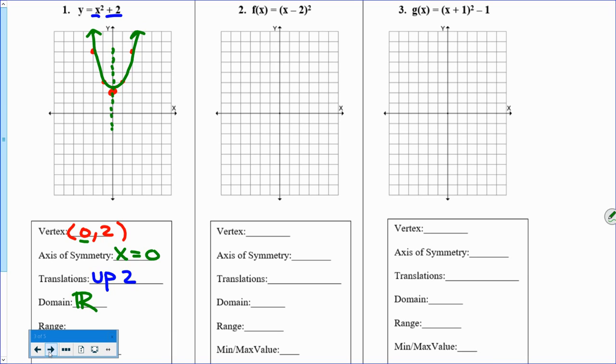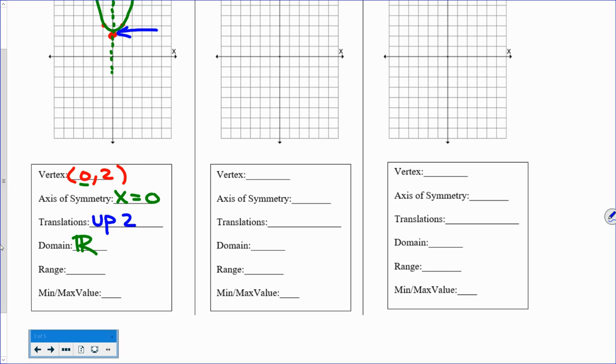So that's all real numbers for your domain. My range is affected by my vertex, kind of that starting point there. So that's the lowest it can go because that is my minimum value of 2. So that means y must be greater than or equal to that minimum value.